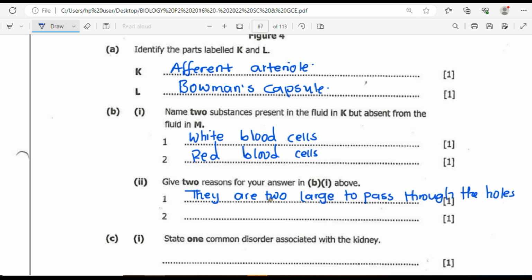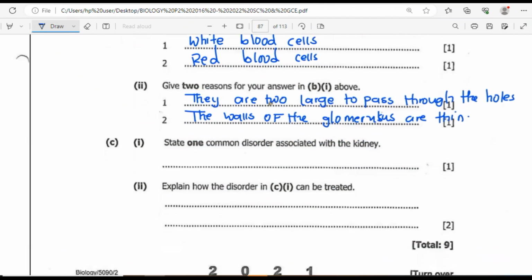Then the walls of the glomerulus are thin. Okay. State 1 common disorder associated with the kidney. So we have kidney failure.